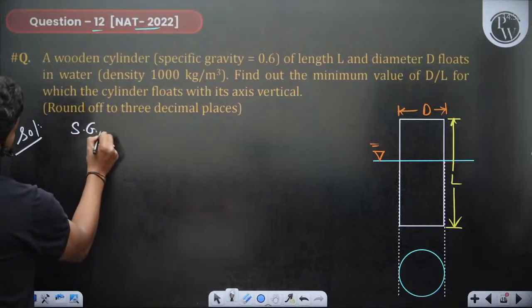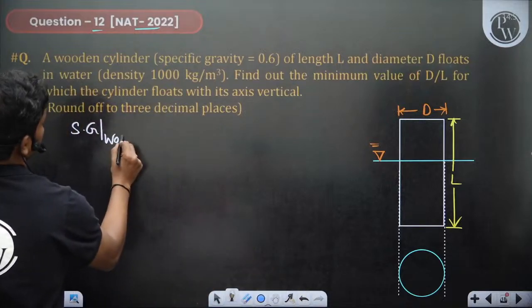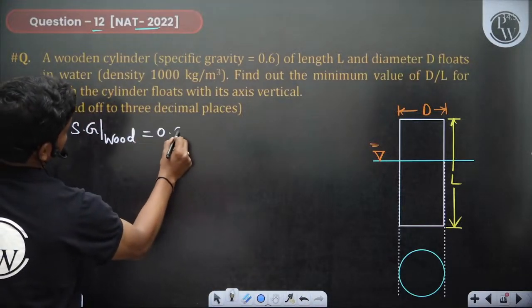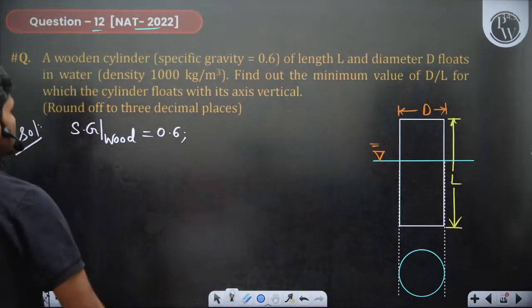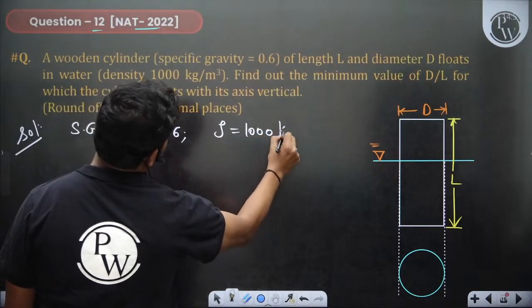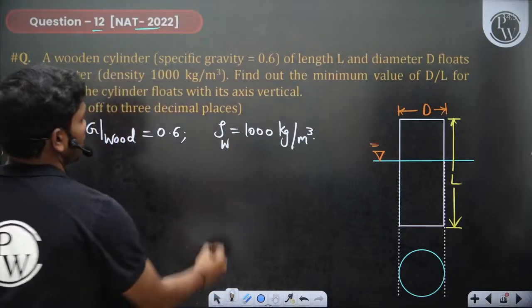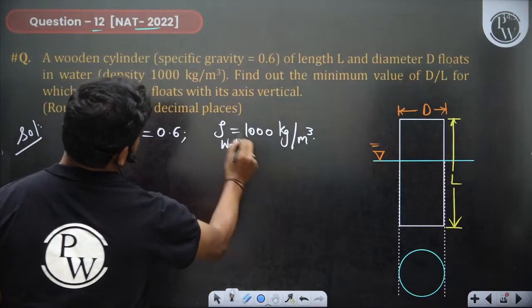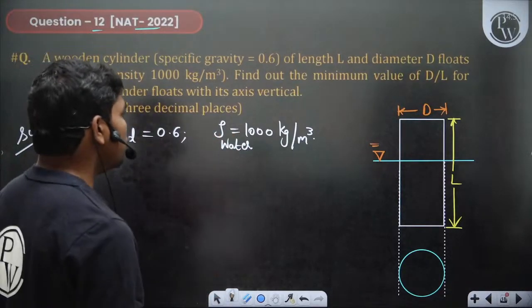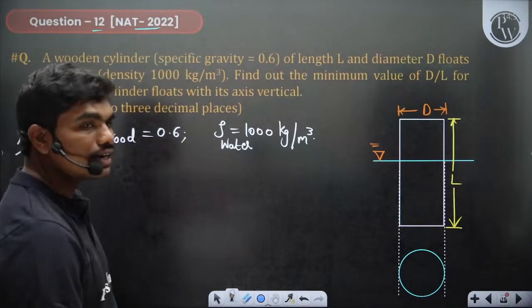The specific gravity of wood is 0.6, length L, diameter D, floating in water of density rho, 1000 kg per meter cube. Then the minimum value of D by L for which the cylinder floats with its axis vertical is how much?